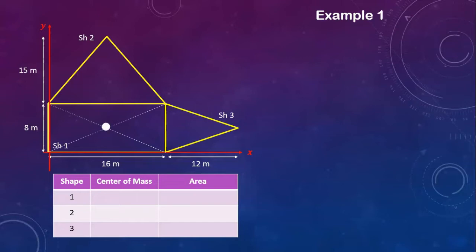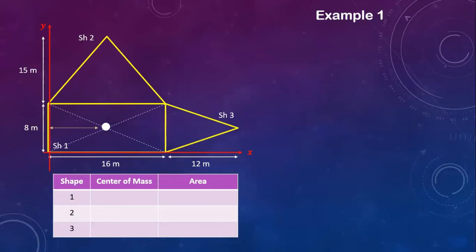Is it right, everyone? The center of mass consists of 2 components: x-axis and y-axis components. The first is the x-axis component. Look at this object.